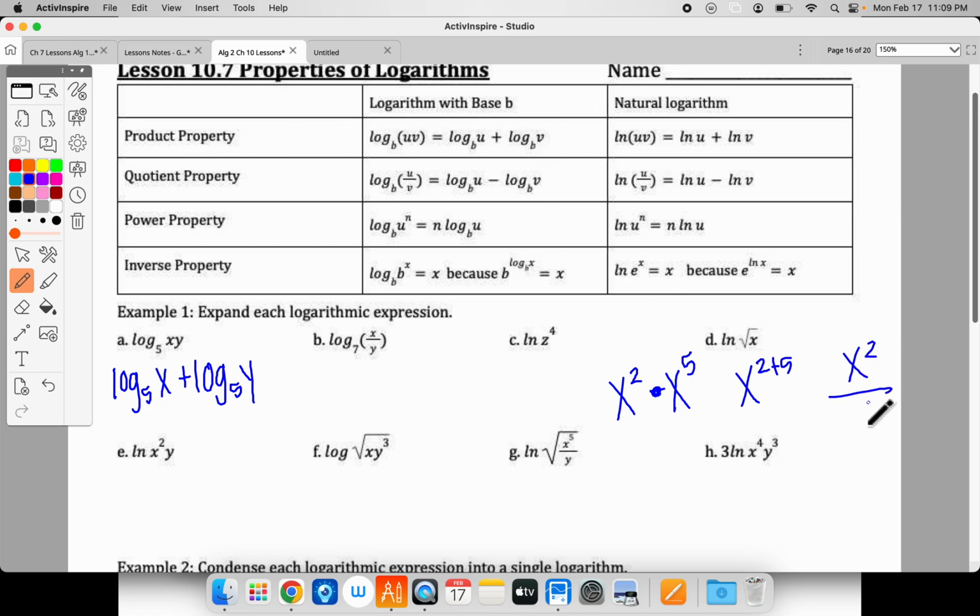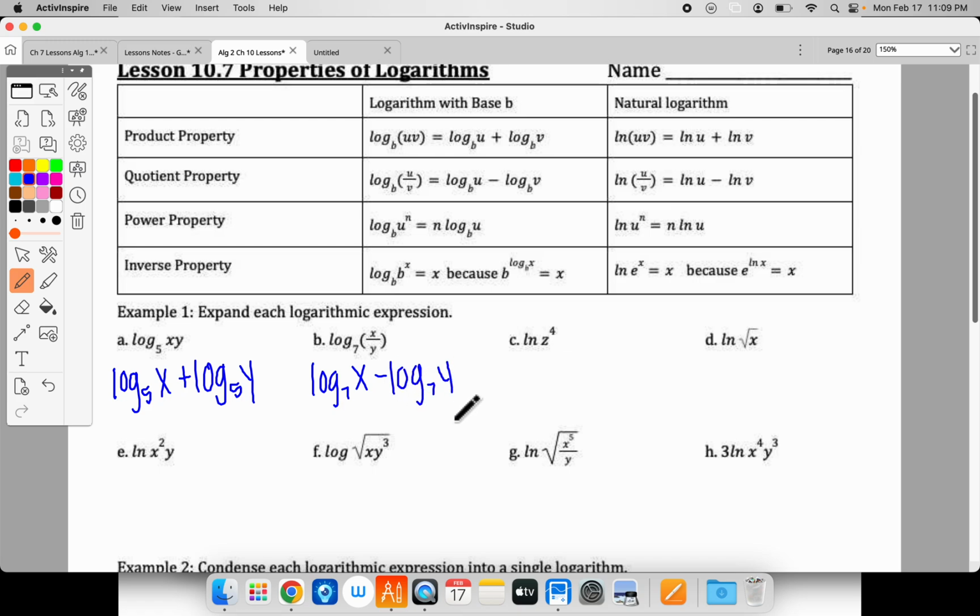If I was dividing, division can be rewritten as subtraction. Same thing with logs. Same thing with powers, everything. The power property and everything. So this division can be rewritten as log base 7 of x minus log base 7 of y.